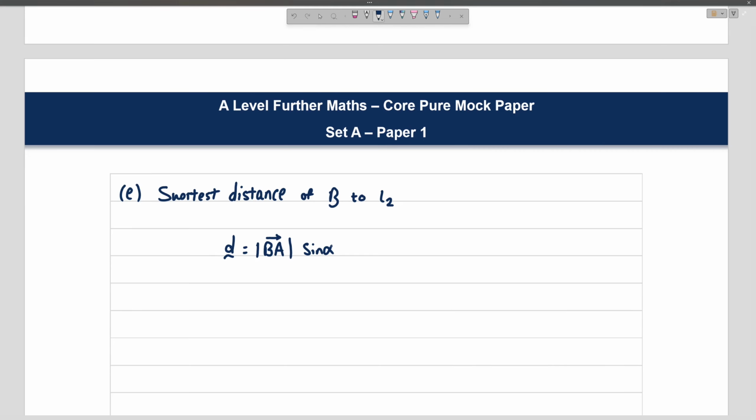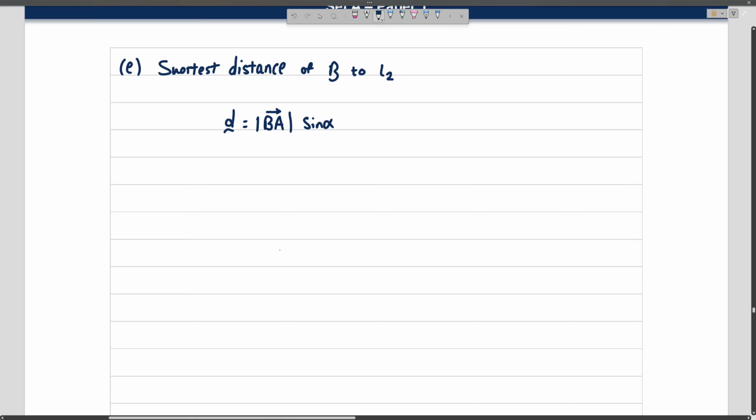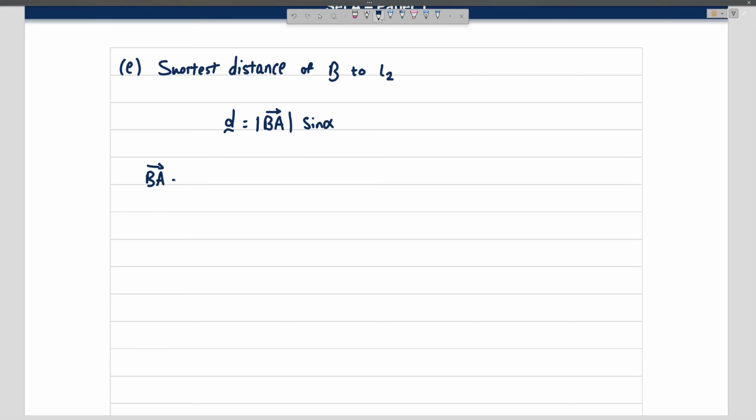Okay. So for the vector BA here, this would simply be the vector OA minus the vector OB, right? Just dealing with position vectors here. Again, there shouldn't be anything too challenging, I don't think. So the vector OA is 5, 2, 4.